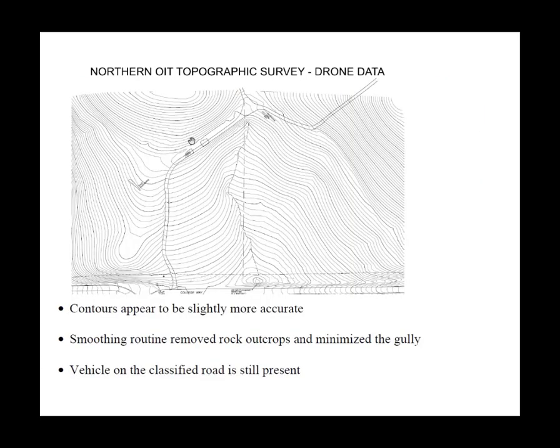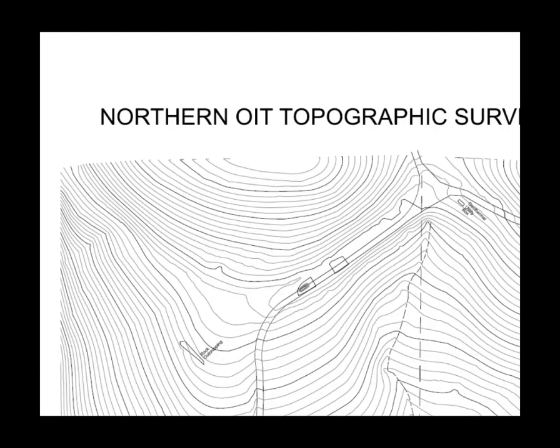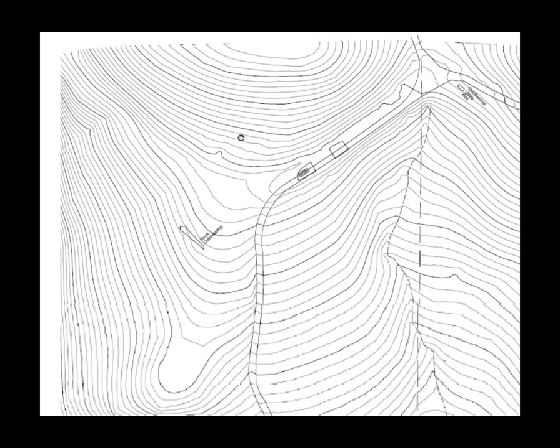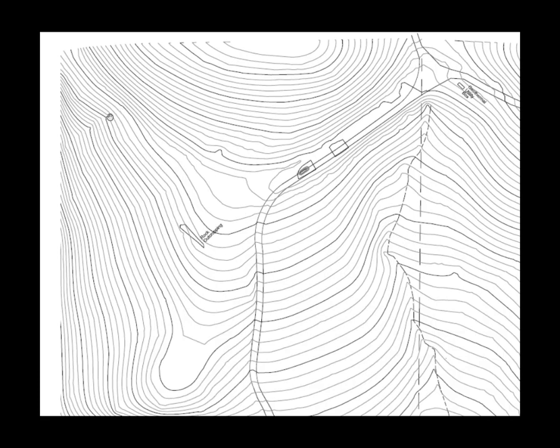Looking at the contour map produced from the drone imagery, a couple of things become apparent. The gully was oversmoothed, so we really needed some provision to come in and run a break line in it. I could have put a polyline around it and classified it as something to be retained in the surface model.